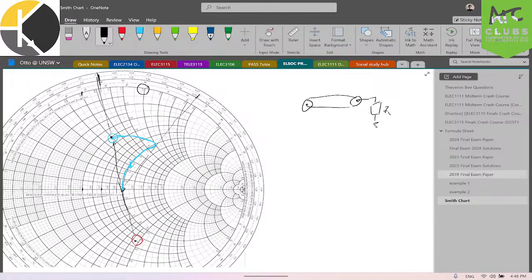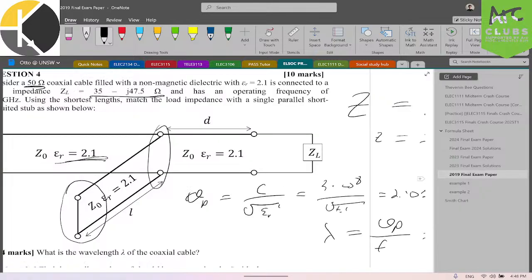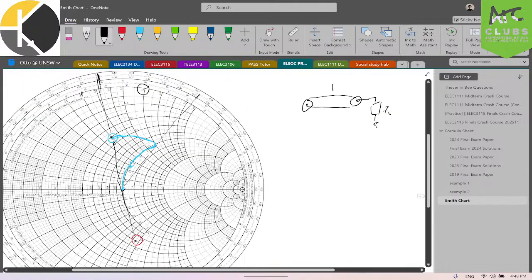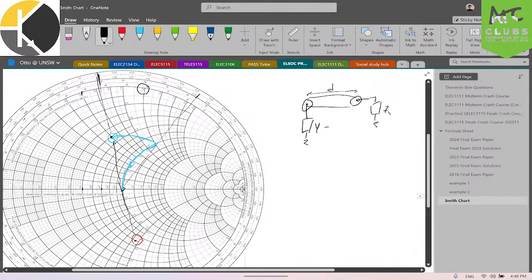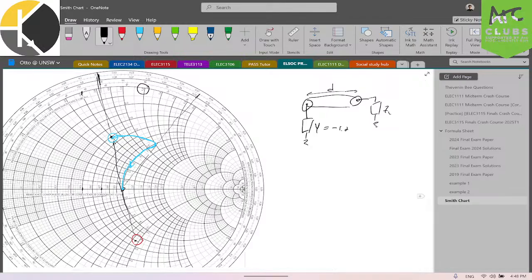How is it called? Of some length Z. Then you add a shorted stub in parallel, which has Y equal to minus 1.2 J. And then here you look and you see Z naught.